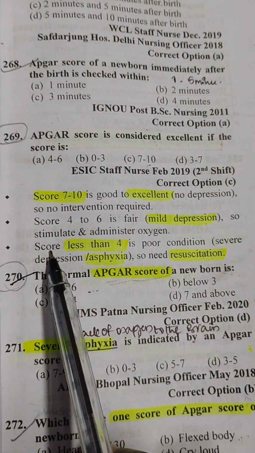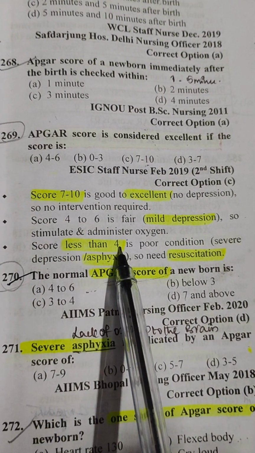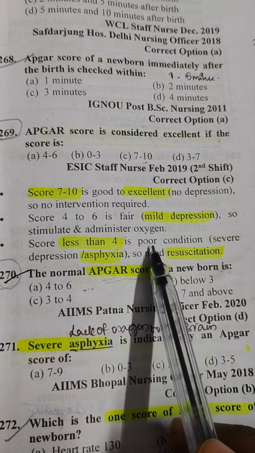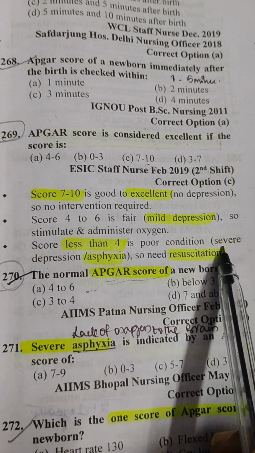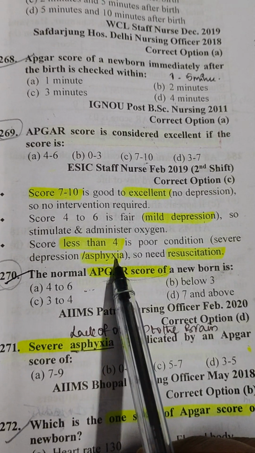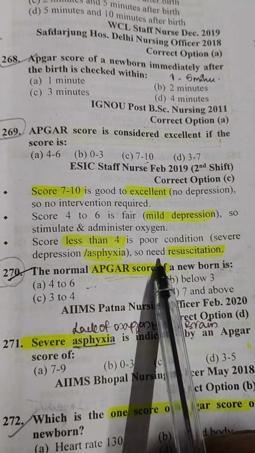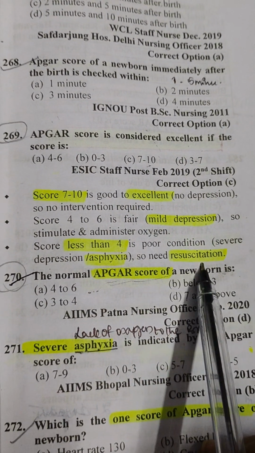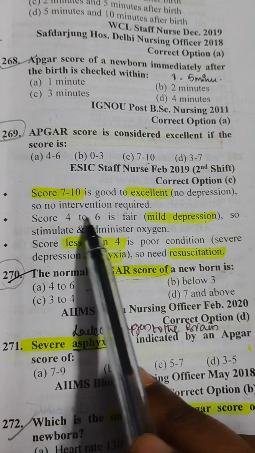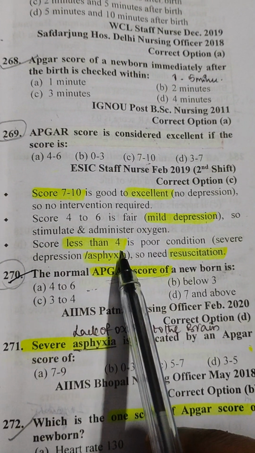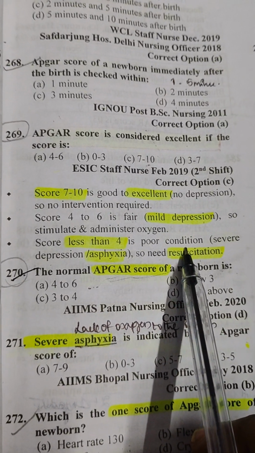If the baby has less than 4, then the baby has poor physical condition, severe depression, and is in asphyxia, so we have to immediately start the resuscitation process. 7 to 10 normal, 4 to 6 fair, and less than 4 is a poor physical condition.